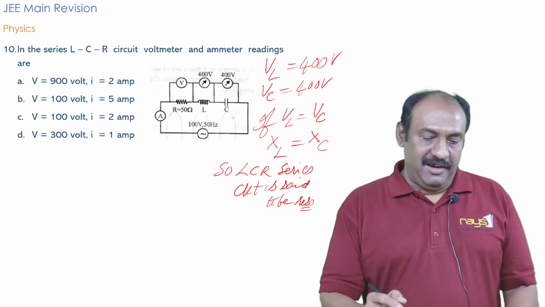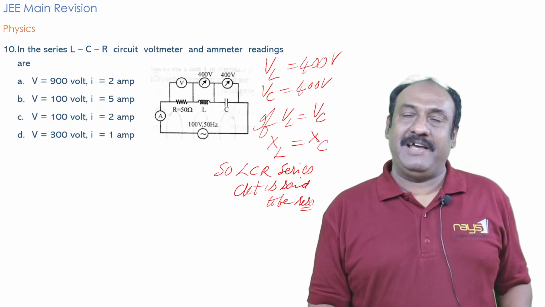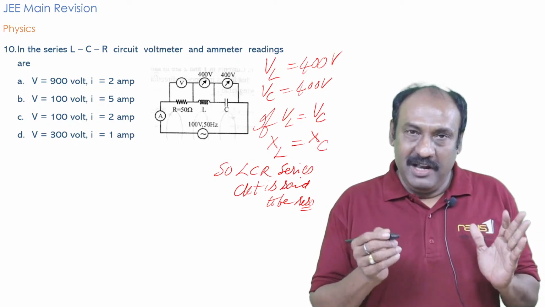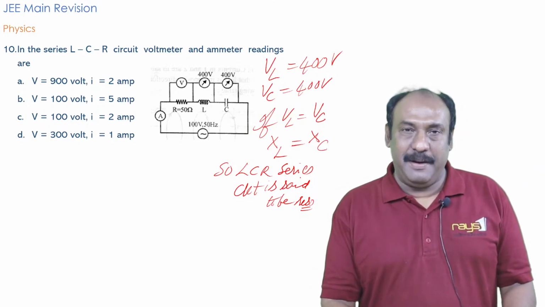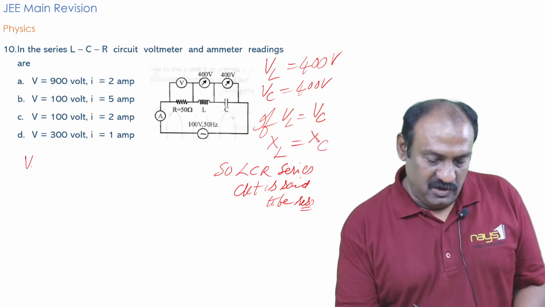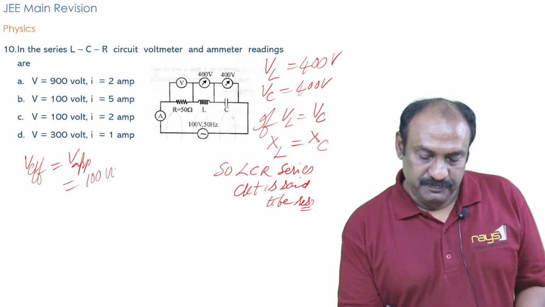So, after calculation, whatever voltage is applied to the LCR series circuit will be the effective voltage across the LCR combination when the circuit is in resonance. Therefore, effective voltage is equal to V applied, that is 100 volt.